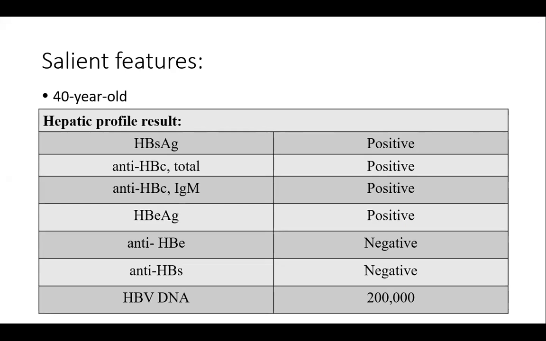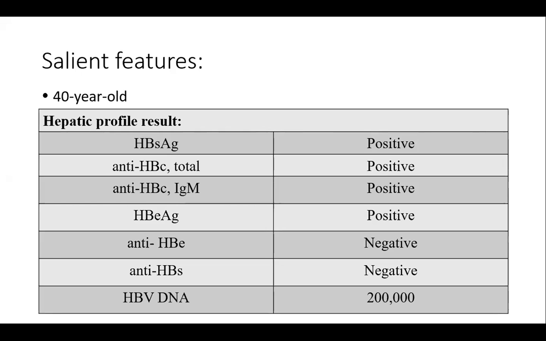So this is the hepatic profile result. First, his HBsAg, or hepatitis B surface antigen, tested positive. Meaning the person is infected with Hep B because this test can detect the actual presence of the hepatitis B virus in the blood.